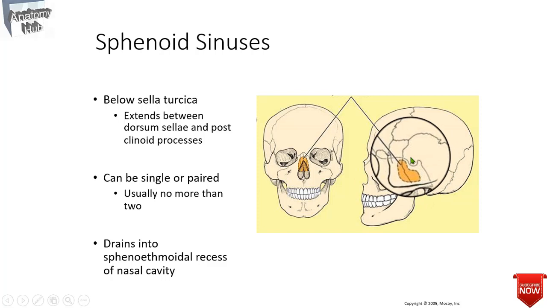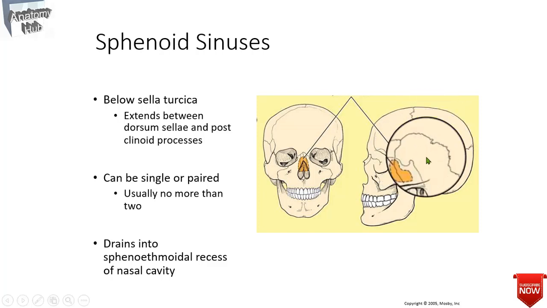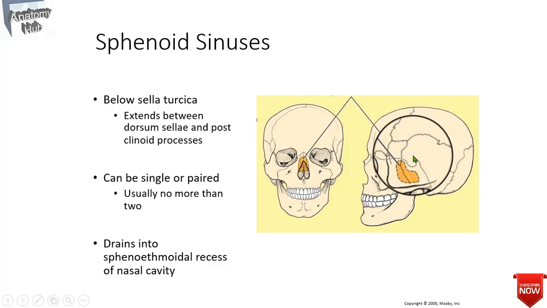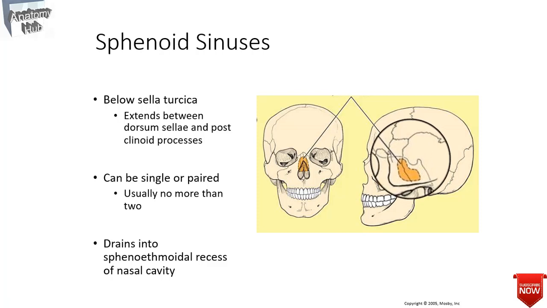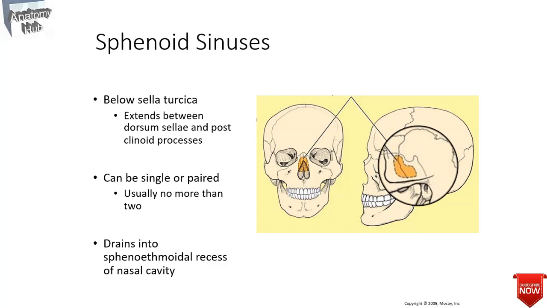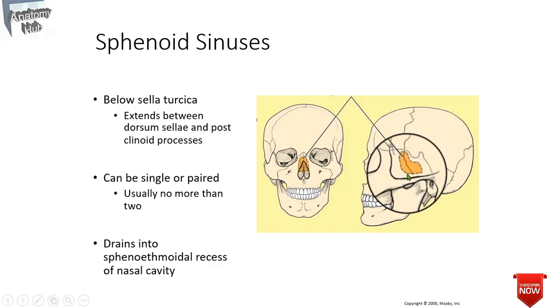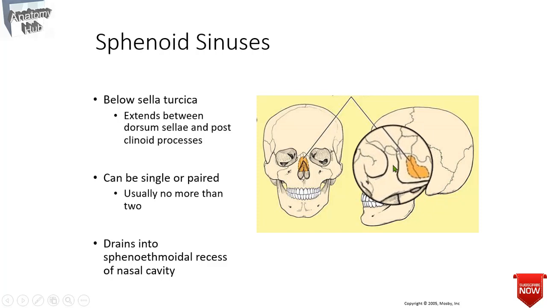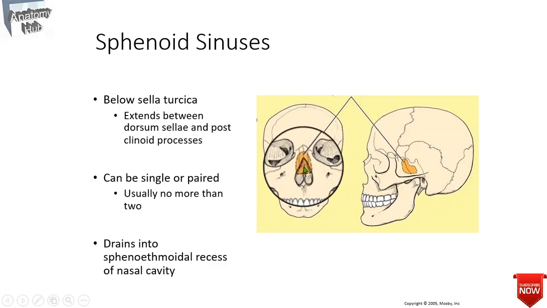So it is just below the body of the sphenoid, below the sella turcica, inside the body of the sphenoid bone, and above it is related to the cranial cavity, that you can observe here, and particularly to the pituitary gland and to the optic chiasma, and laterally it is related to the cranial cavity and particularly towards the cavernous sinuses, and below and in front it is actually related to the nasal cavity, that you can observe here in the frontal view.